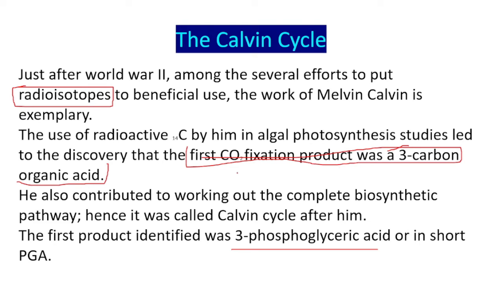So accordingly, we can classify the plants into C4 plants and C3 plants. But the majority of plants have 3 carbon as the first fixation product, and some of them have 4 carbon. So plants can be divided into C3 plants and C4 plants based on the first CO2 fixation product.